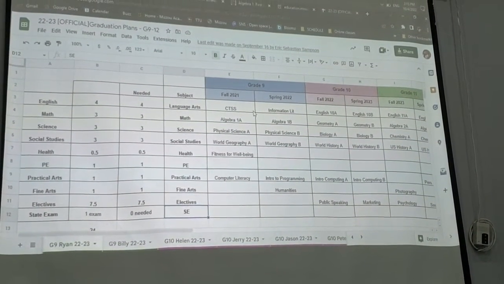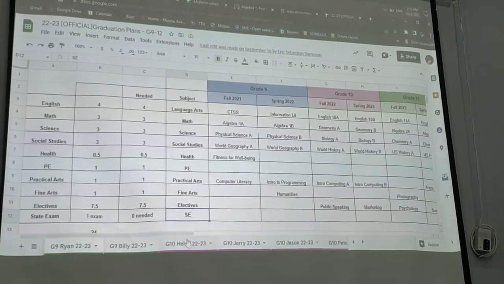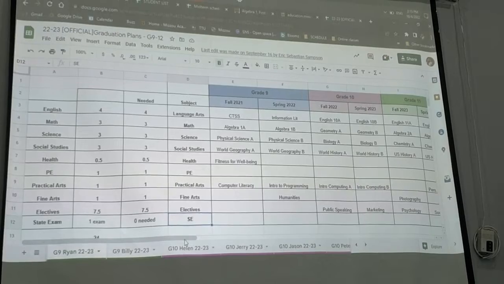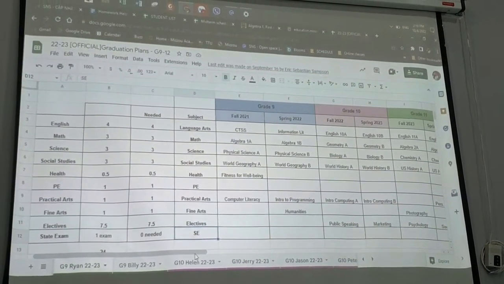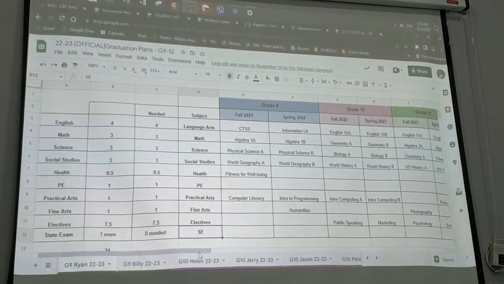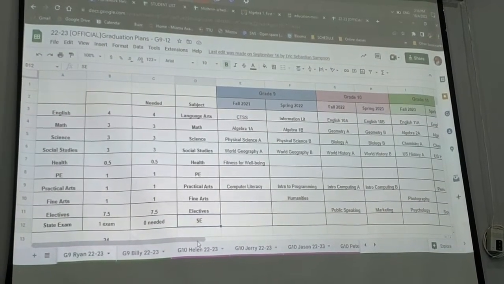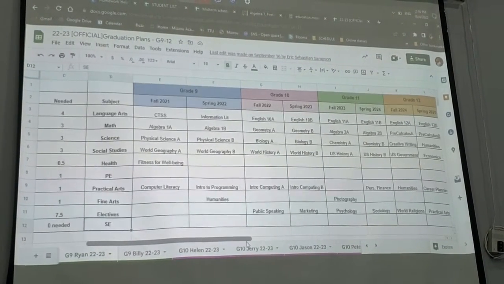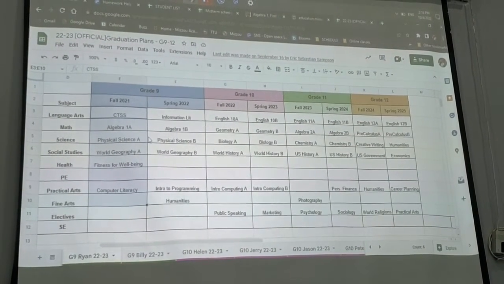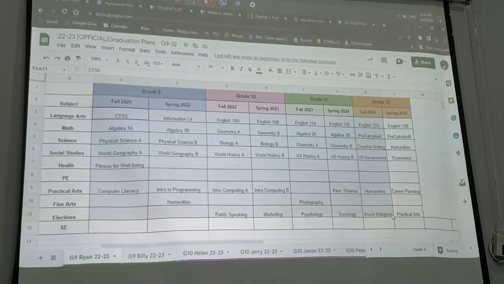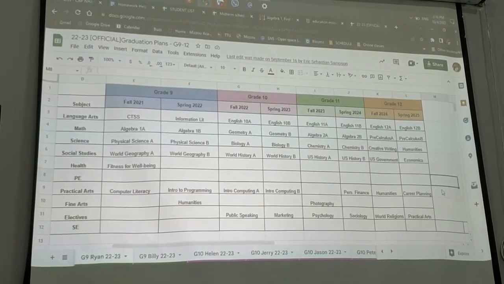So English has 4 credits, and math 3 credits, science 3 credits, social studies 3, etc. Okay. So CTSS, what does that mean? Critical thinking and study skills. Okay. So as you can see, they will learn 6 courses. And then at the end of grade 12, they will have 24 credits in total. Okay.